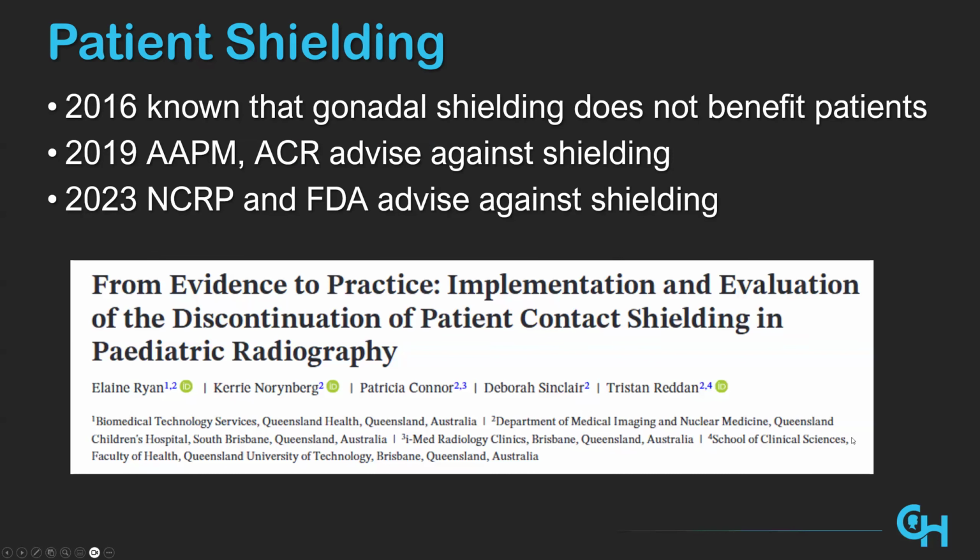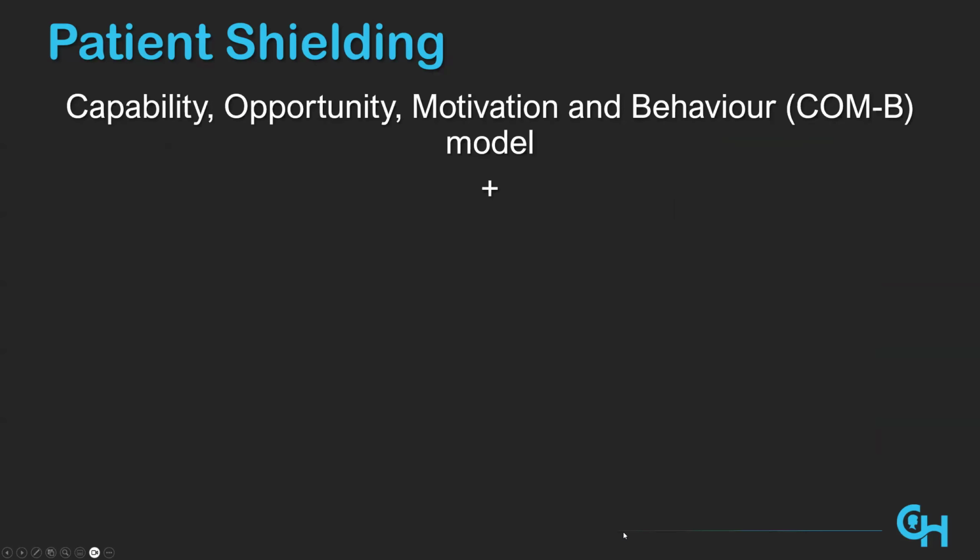However, putting that into practice is not the same thing as knowing that you should do it. So this paper describes exactly that process, from evidence to practice, implementation and evaluation of the discontinuation of patient contact shielding in pediatric radiography. It is a paper from a group in Australia that details how their process worked.